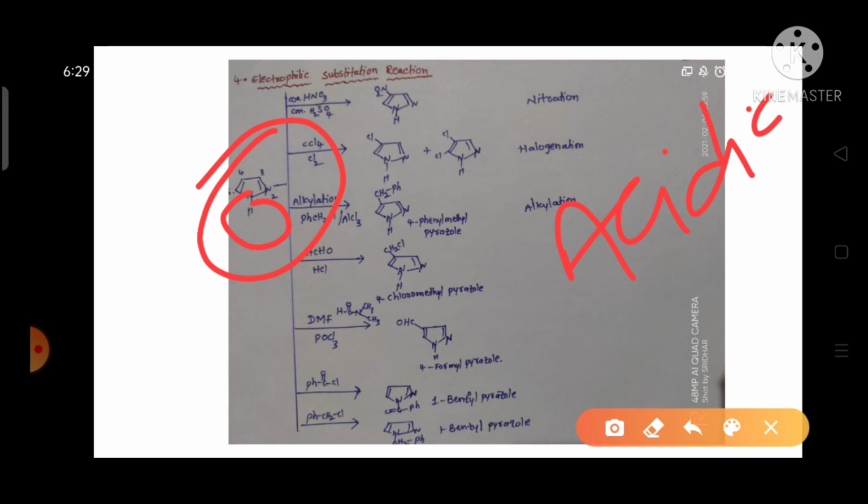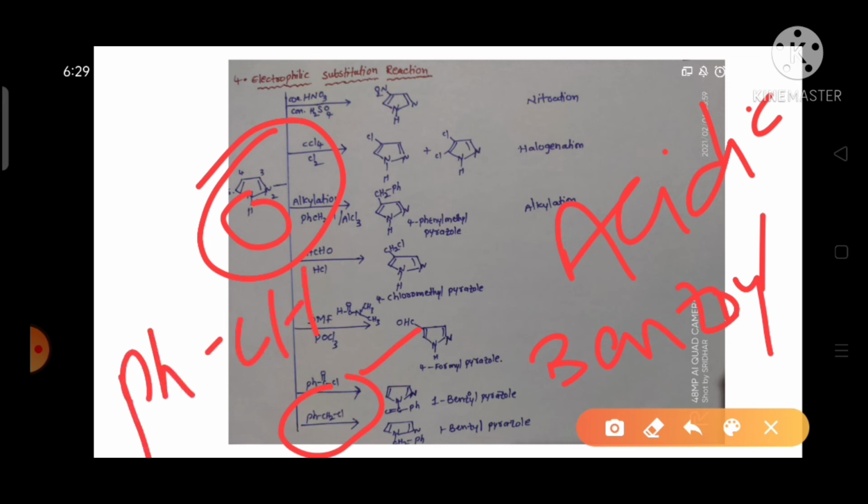Due to that acidic nature, this hydrogen can be replaced with the benzoyl group, that means PhCO group, and the benzyl group, PhCH2 group. This is benzyl, this is benzoyl. So these two reactions show the acidic nature of pyrazole.